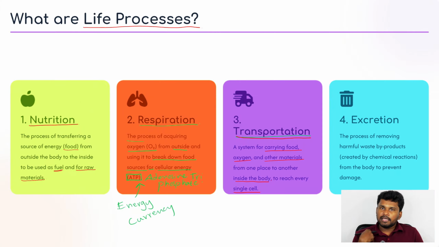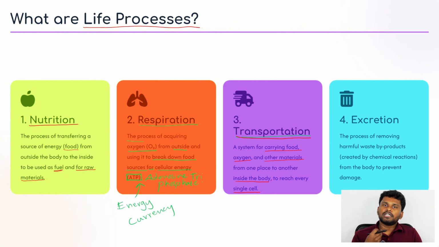We are multi-cellular organisms. We have many cells in us, not a single cell. So as we are multi-cellular organisms, there should be the transport of materials from one system to all the cells. That function of transporting materials in the body is carried out by the transportation system.